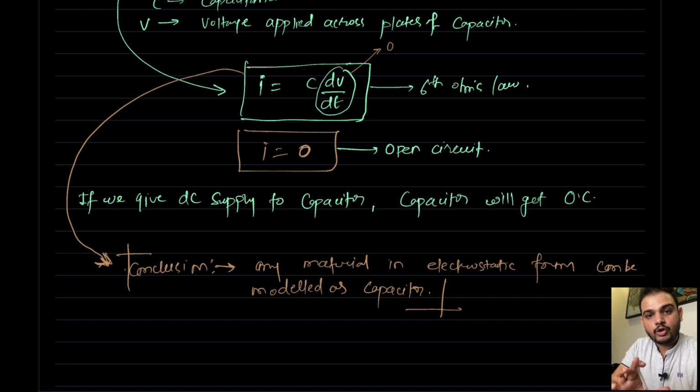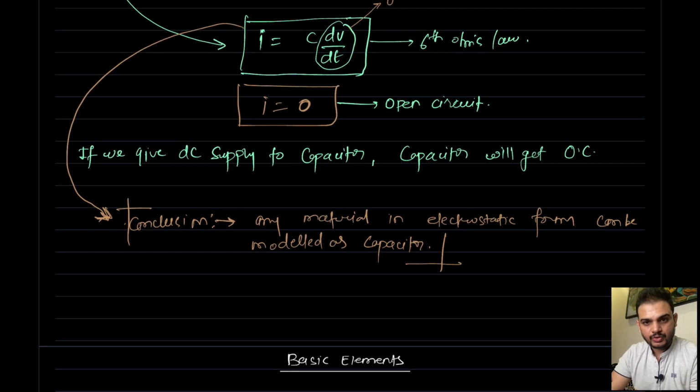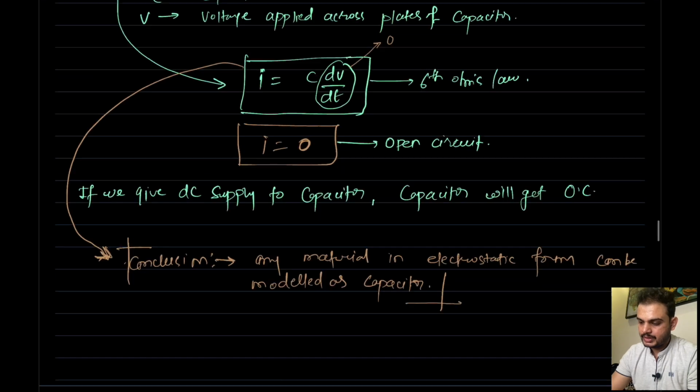But these formulas, J is equal to sigma E, psi is equal to Li, and Q is equal to CV, we use in the EMF subject. There we are not going to use V is equal to IR, V is equal to L di by dt, and I is equal to C dV by dt. I hope this Ohm's law is clear to you.